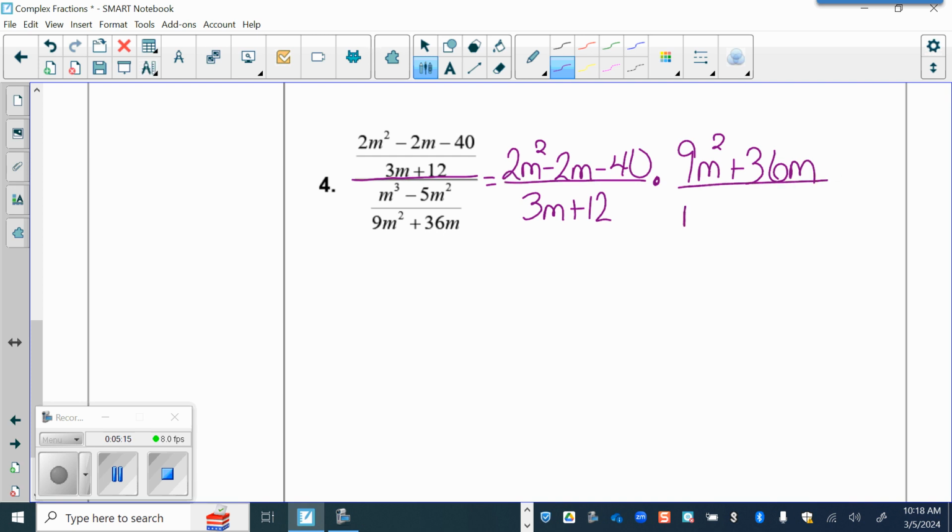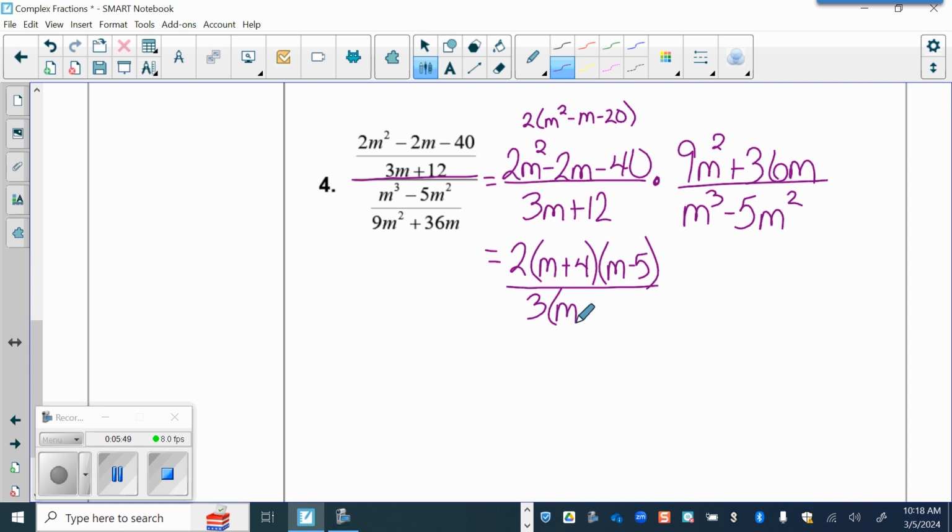Over, factor. Let's see, I can pull out a 2, and then I'll have m squared minus m minus 20. So m plus 4, m minus 5. Right, I did a little noodling in my head here. Feel free to write down that intermediate step.